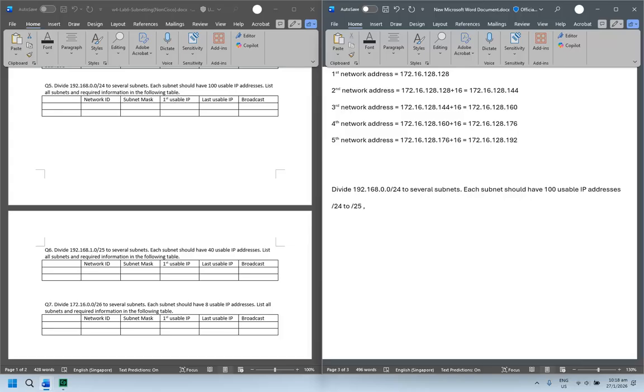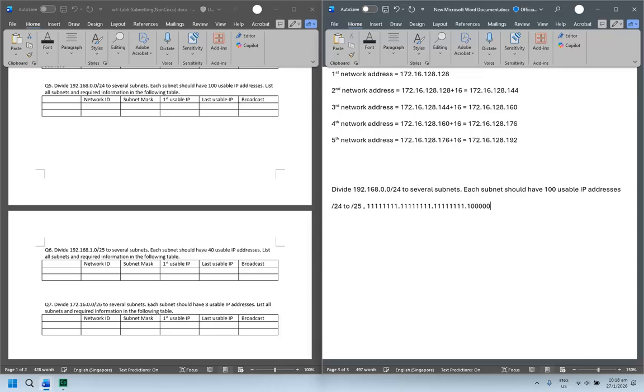So for this case, instead of straight counting the number of subnets, we need to reproduce the subnet mask in terms of binary first. So /25 basically means 8 ones, 8 ones, 8 ones, and 1 one: 25 bits of 1 followed by 7 bits of 0.